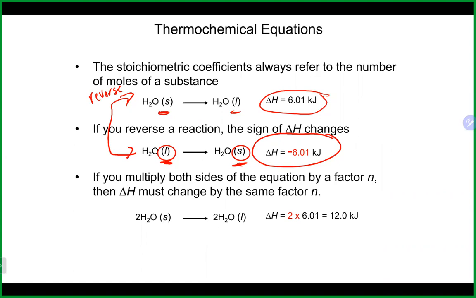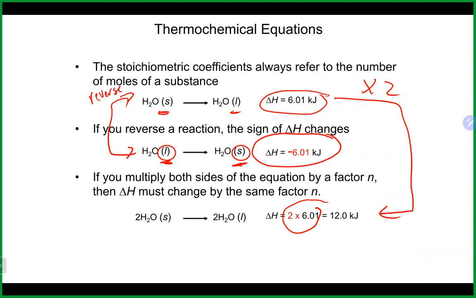Let's say we didn't need just 1 water in the ice phase. We needed 2. So as we go from here down to here, we're basically multiplying the entire reaction by 2. And how that affects the delta H value is you also multiply the delta H value by that number. So if you need to multiply an equation by a particular number, you then would multiply the delta H value for that equation by that number.